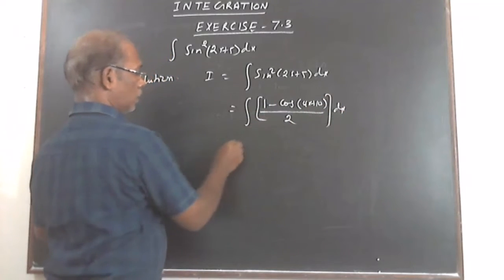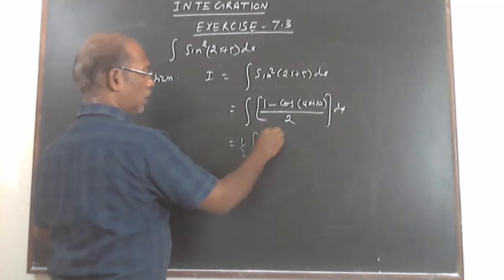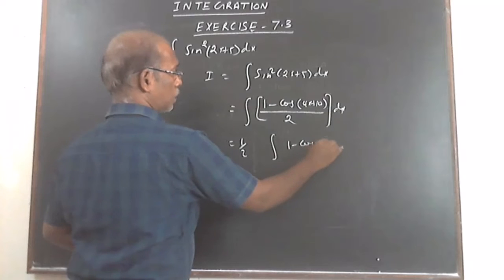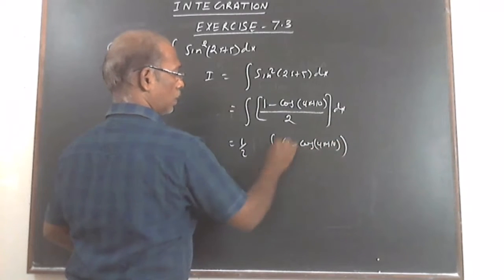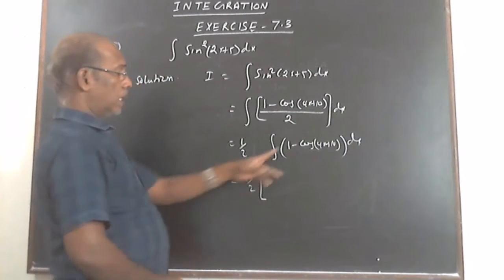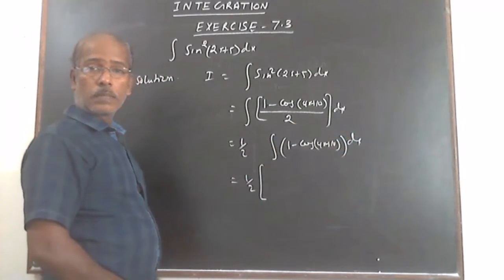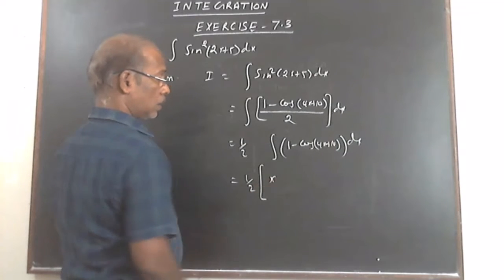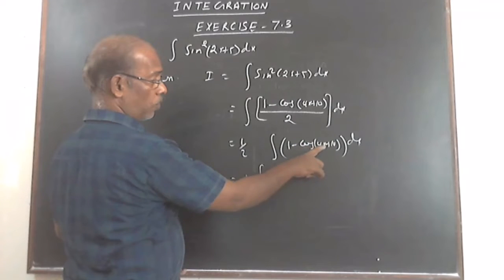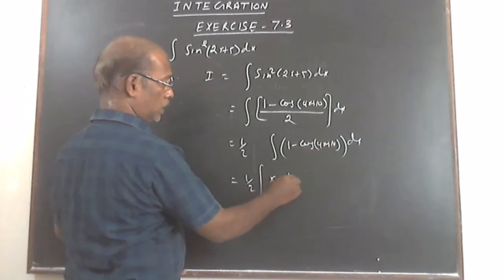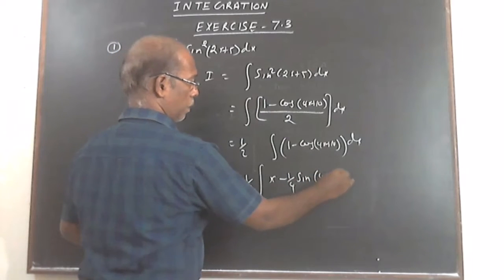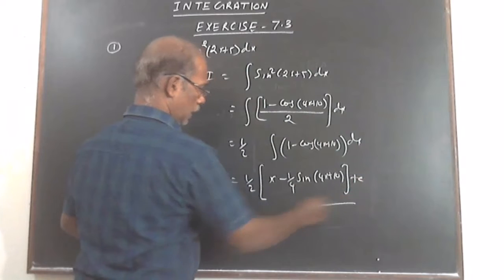We can take 1 by 2 outside: integral of 1 minus cos (4x plus 10) dx. 1 by 2 times the integral of 1 with respect to x, that is x, minus the integral of cos, which gives 1 by 4 sin of (4x plus 10), with the integral constant.